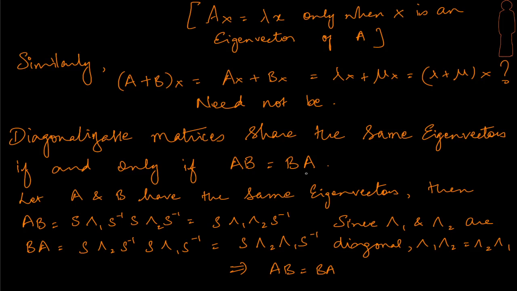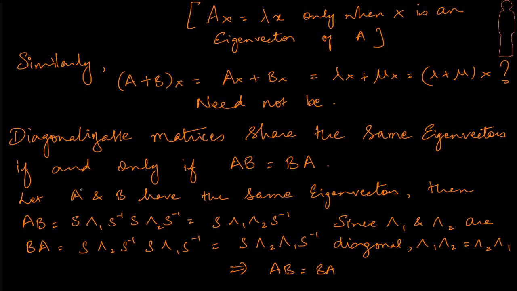Now, it looks a little strange that a commutative product is able to give us the fact that they share the same eigenvectors. Let's take a look at the proof.